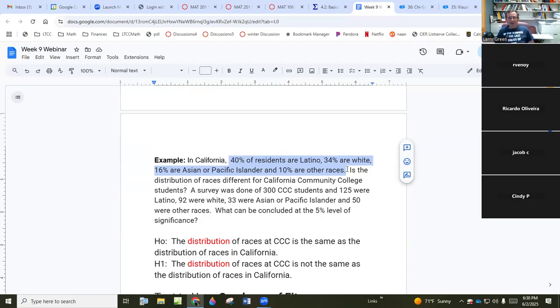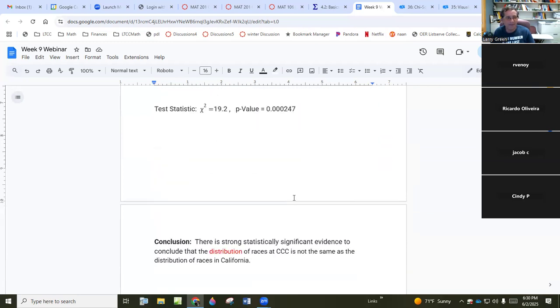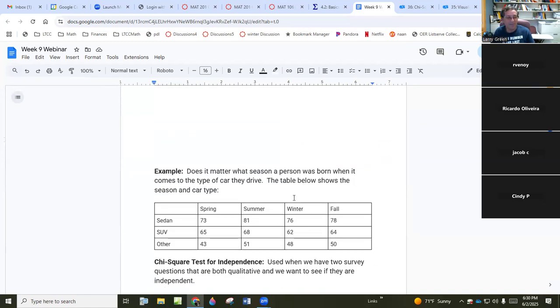But we have an unknown distribution, and we want to see if the unknown is the same as the known. That's what a goodness of fit test is all about. Now we're going to look at a different type, so let's do another example.